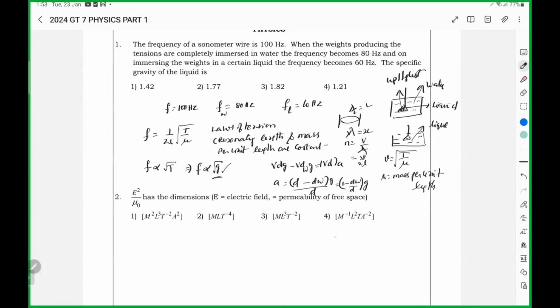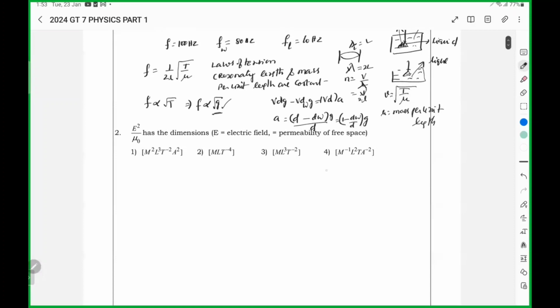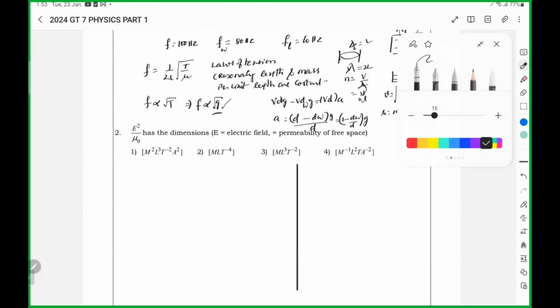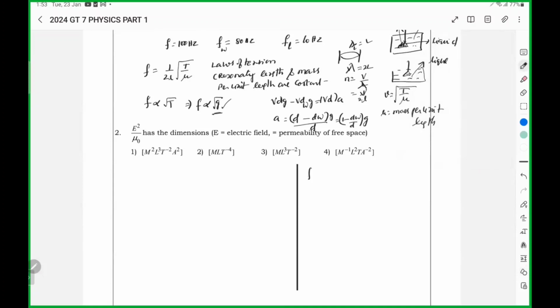Now here I'll make some space. In the second case, because the question says F is directly proportional to the root of acceleration, here acceleration is nothing but, I will write, F1 by F of water.